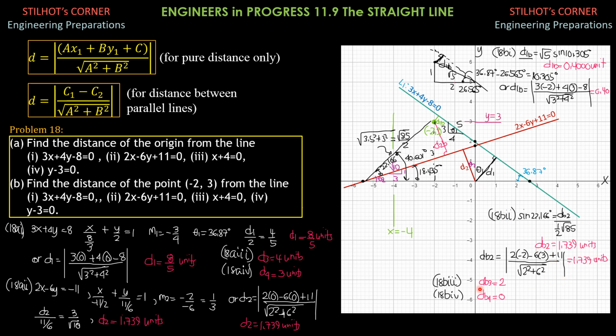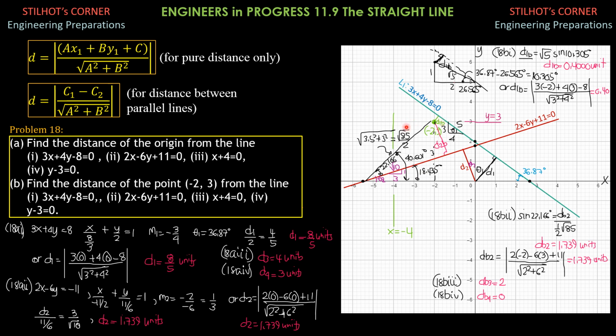So that's it. Then for the distance of x plus 4 equals 0 from negative 2, 3: for this distance, you just count, it's 2 units, but the general solution is right x, negative 2, minus left x of this line, negative 4.